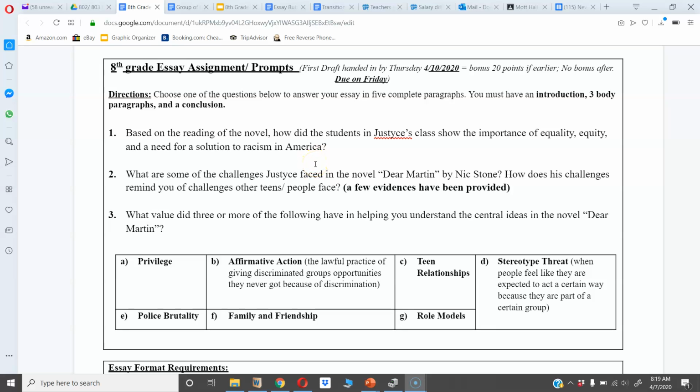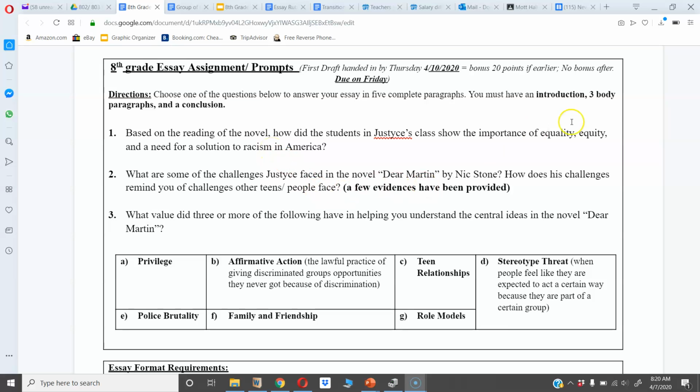If you are struggling to understand how to split these up, split the question into 3 points and ask yourself about each. For instance, you can split this up into 3. How did the students in Justice's class show the importance of equality in America? Now you start your first body paragraph.